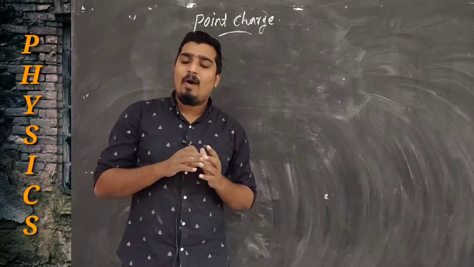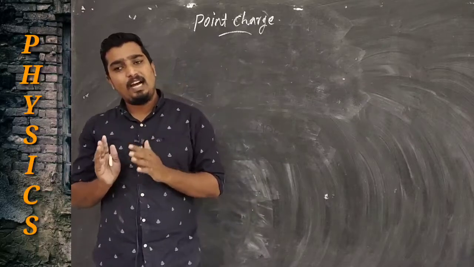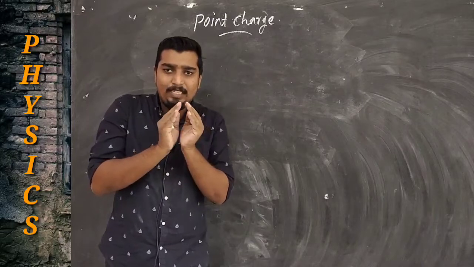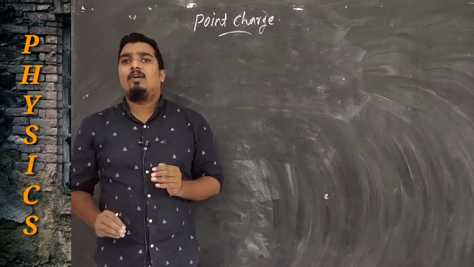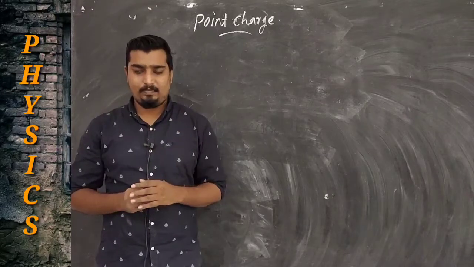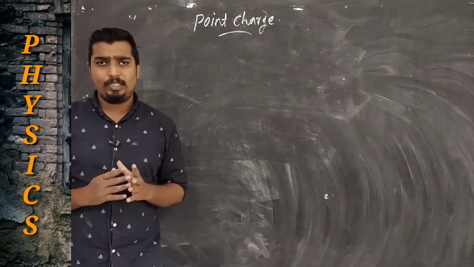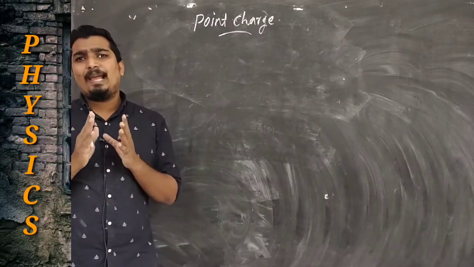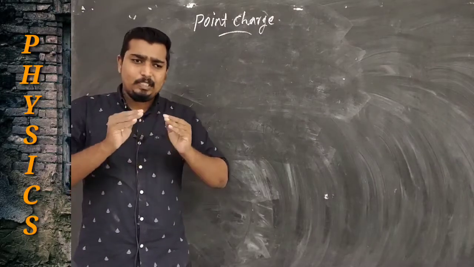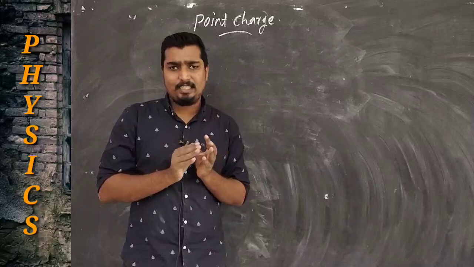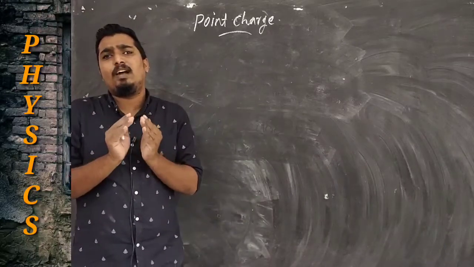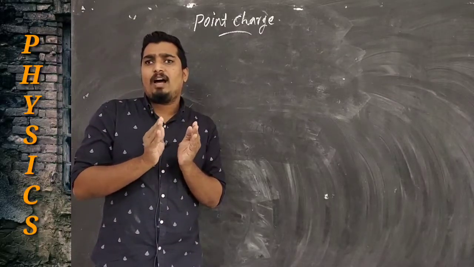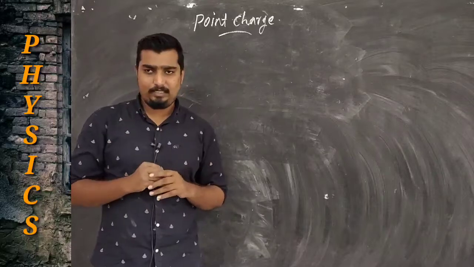Physically, all charged bodies whose dimensions, meaning volume, length, area, are very small compared to the distance between them are referred to as point charges.